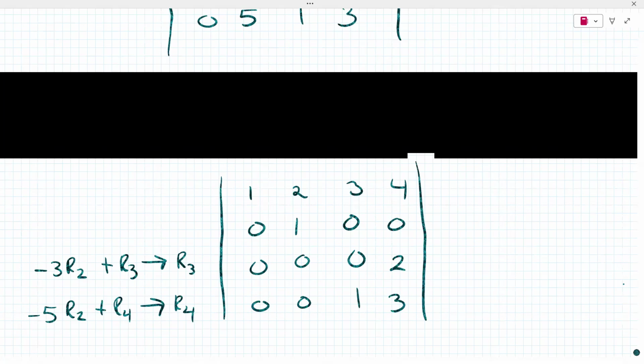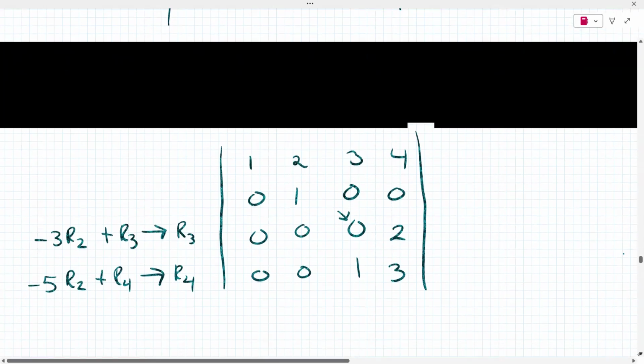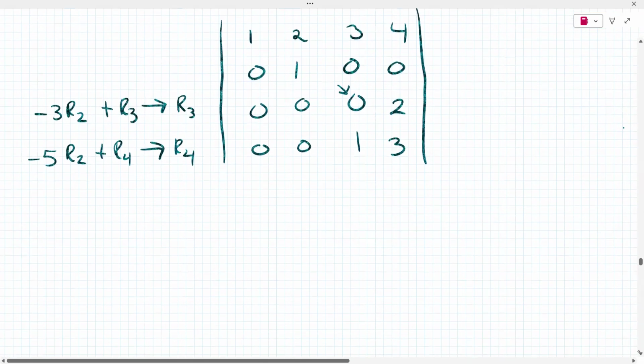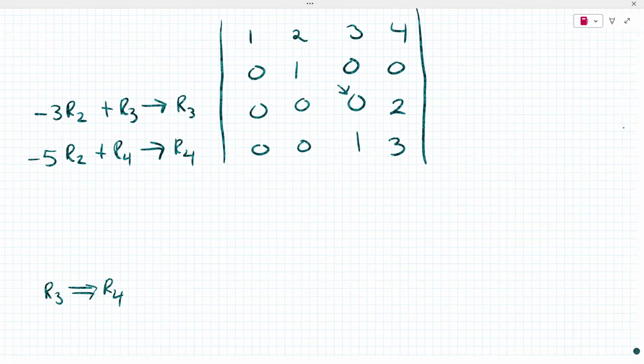Okay. Oh, and then because I don't want this 0 to be 0, I want it to be a number. So maybe if I switch row 4 with row 3, so we're switching rows. So that definitely changes things. So yeah, row 3 switches with row 4, right?